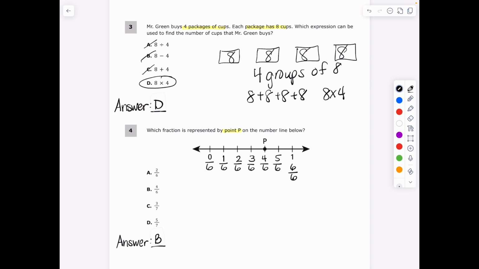That gives me something where I can see the fractional parts for all the dashes, including the one I want, which is P, which is 4 sixths, or B. So this one really works well. But again, notice that I go after the 0 when I start counting by ones. All right, hit pause and jot this down into your notes.